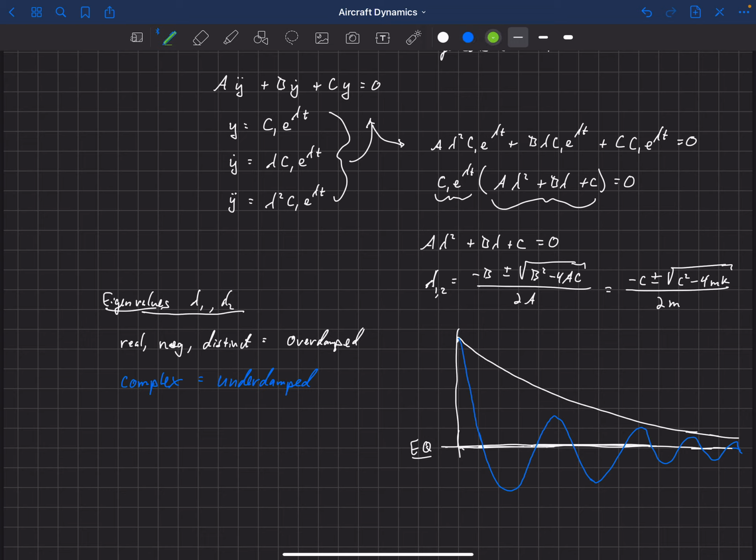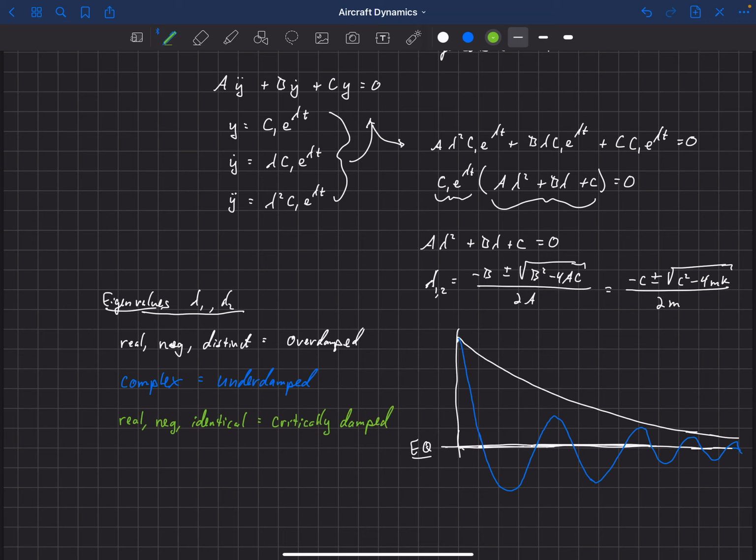And then finally, if these numbers are real, negative, and identical, I'm going to get what's called critically damped motion.